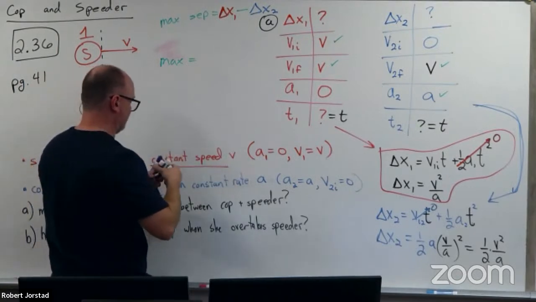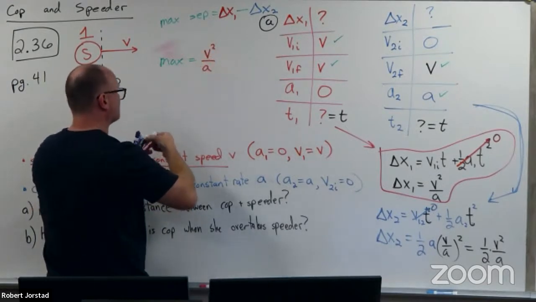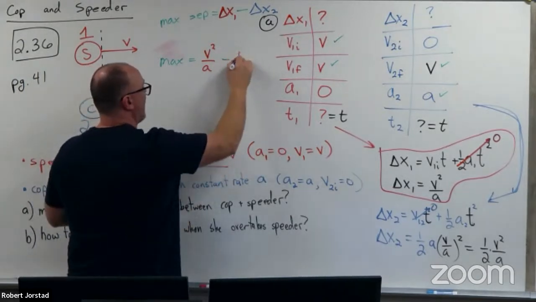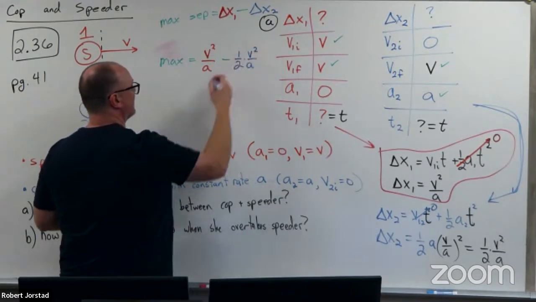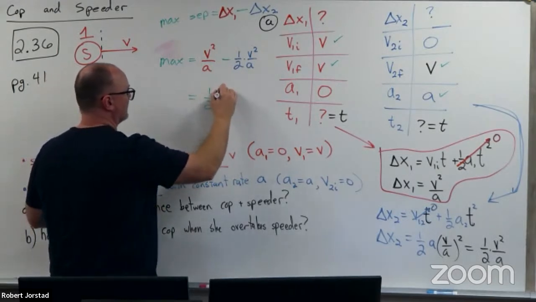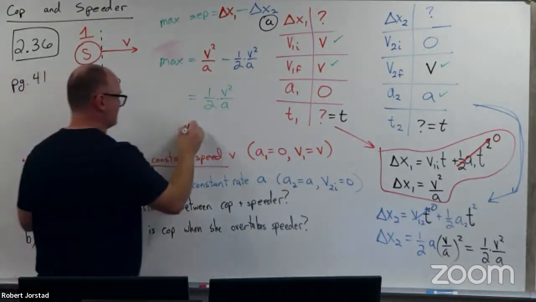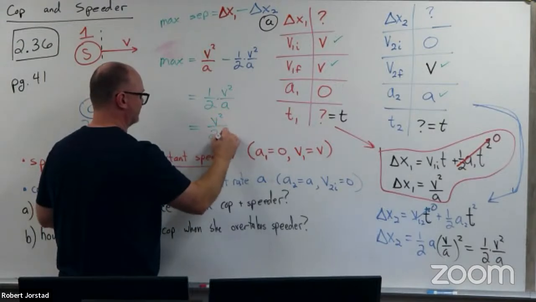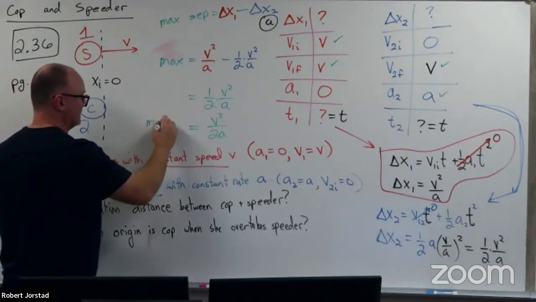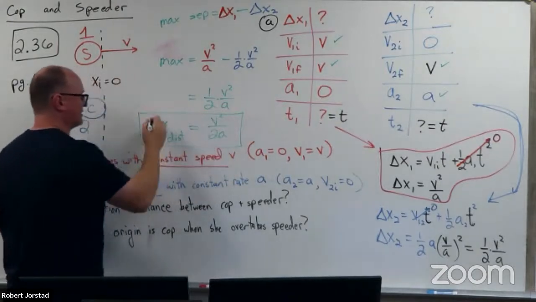V squared over A minus 1/2 of V squared over A, which in this one case is going to equal 1/2 V squared over A. And again, you could just write that as V squared over 2A. That probably looks prettier. So let's do that. All right, so that's my maximum separation distance. That is the answer to part A.